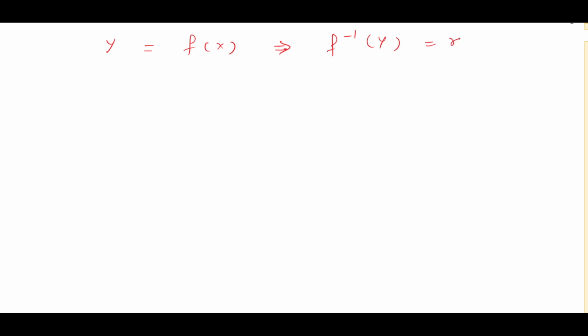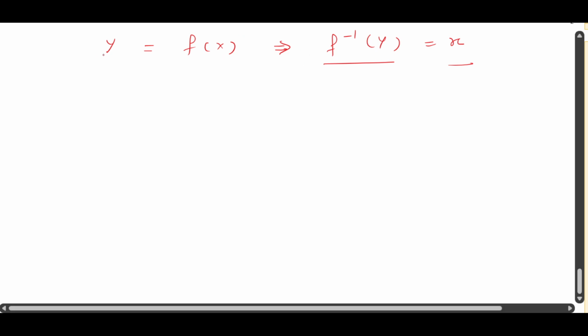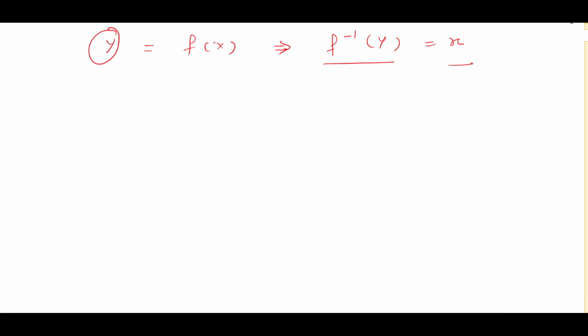So f inverse of y is x. So if I find x, that is nothing but f inverse of y. For a given function y, if I have to find its inverse, I will express this x in terms of y. This is method 1.